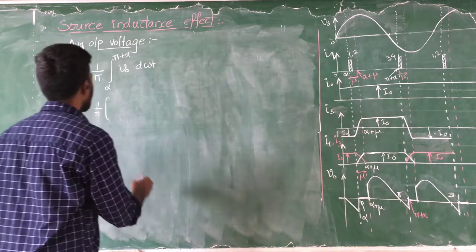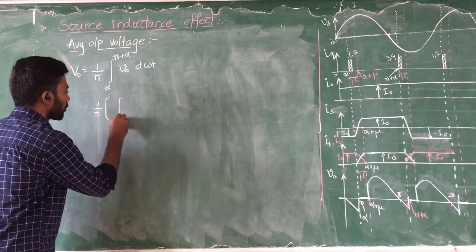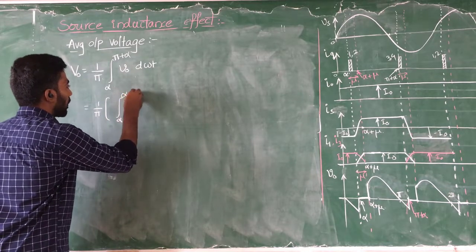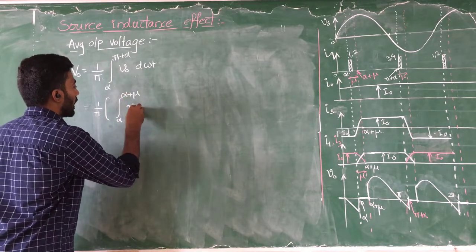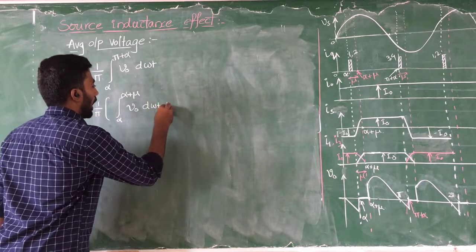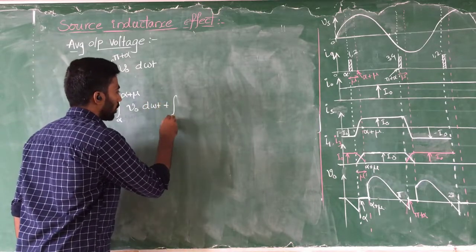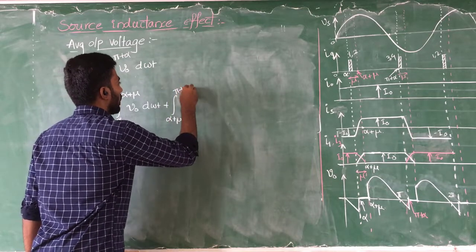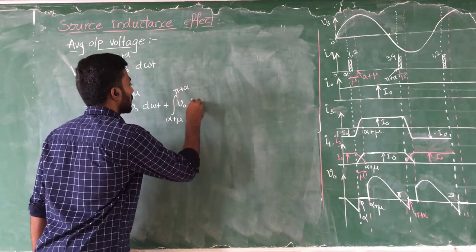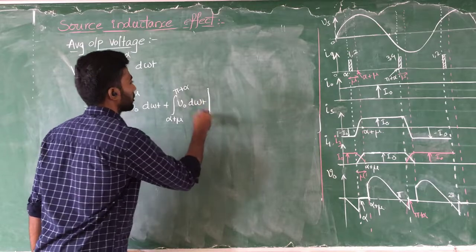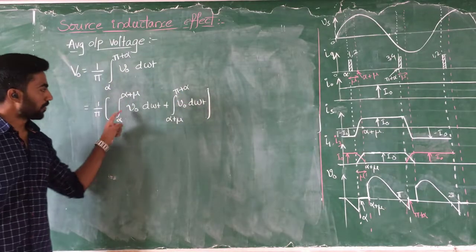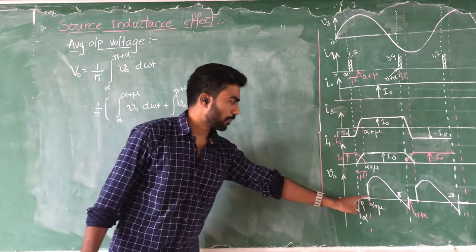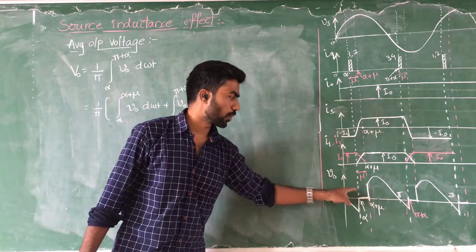Now split this integration into two parts: alpha to alpha plus mu of V naught d omega t, plus alpha plus mu to pi plus alpha, again of V naught d omega t. Within the interval alpha to alpha plus mu, what is the V naught value?